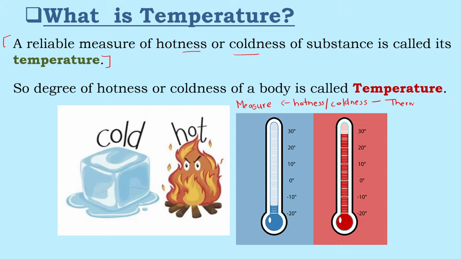So, before finding out what a thermometer is, let us understand what temperature is. Temperature is nothing but the measure of hotness or coldness of a substance. Suppose I tell you that in this beaker I have taken warm water, and I don't know how much it is.